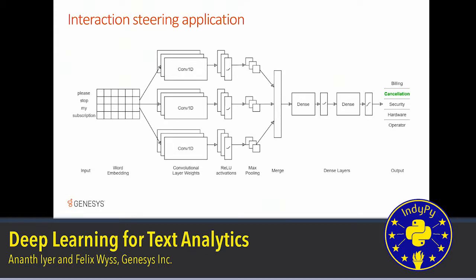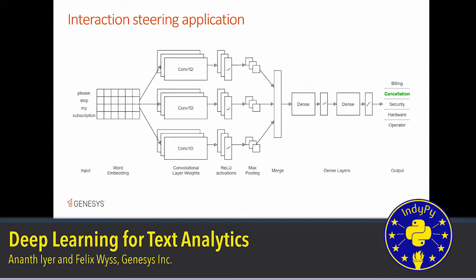And we need to figure out which bucket to put that interaction into so somebody can help the individual properly. So somebody's coming in with a query, and we need to figure out which agent will be best able to help. In this case, we have 5 agents as an example. If there was a question about billing, it goes to the billing agent. If it's a question about cancellation, it goes to cancellation, and so on and so forth.